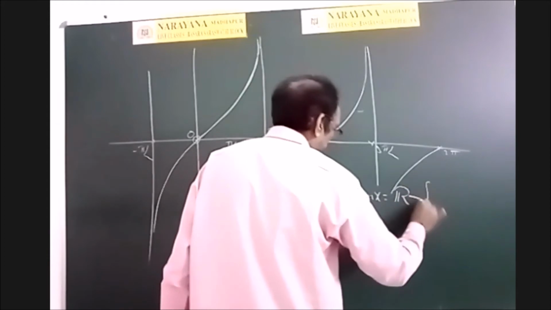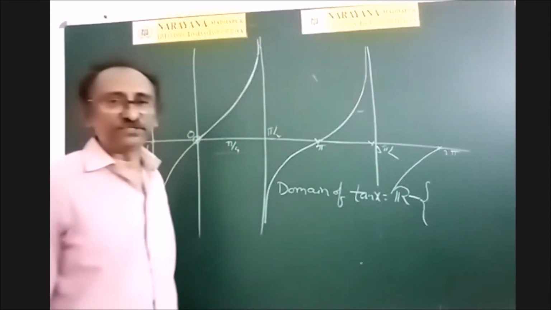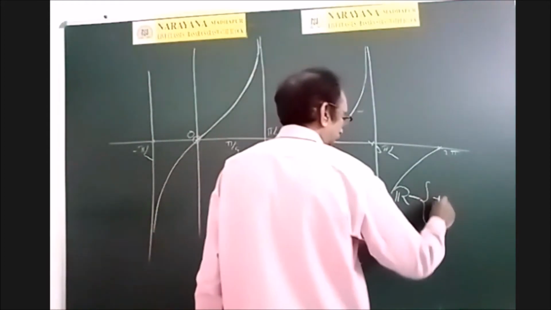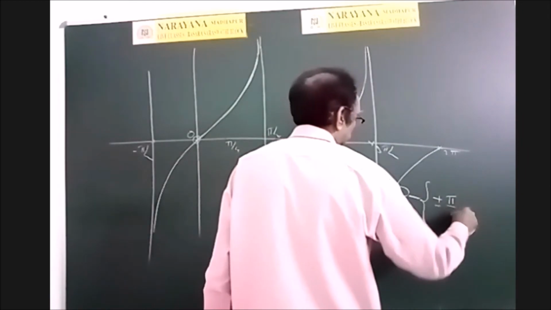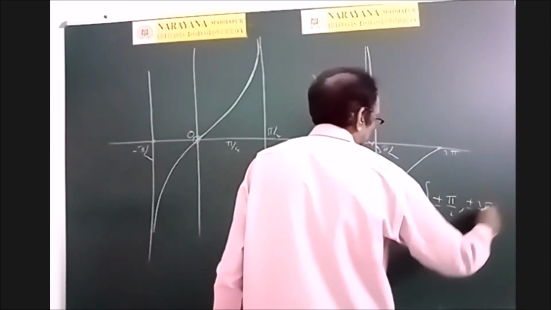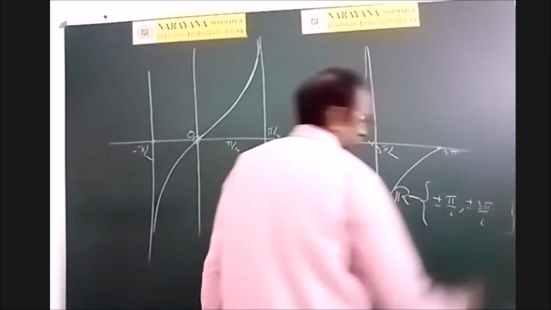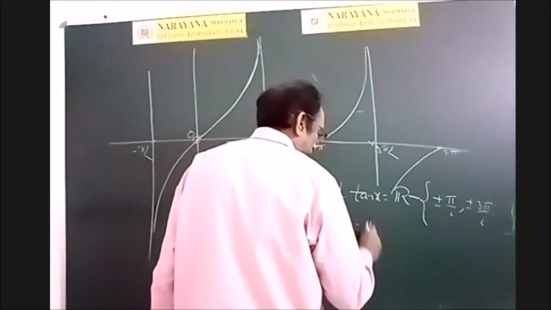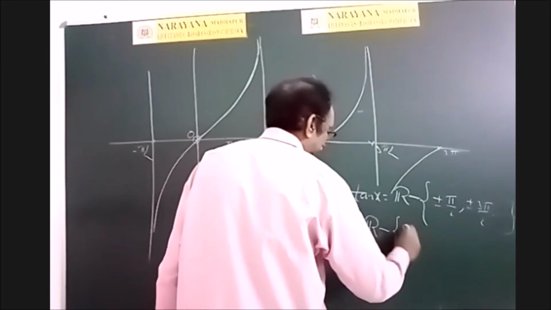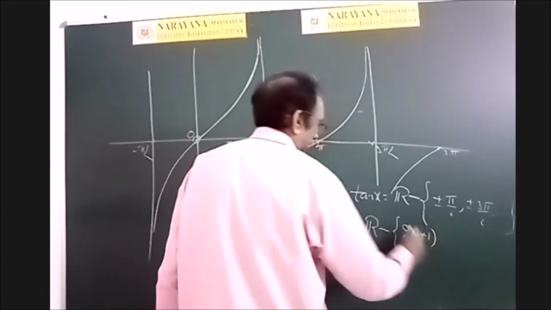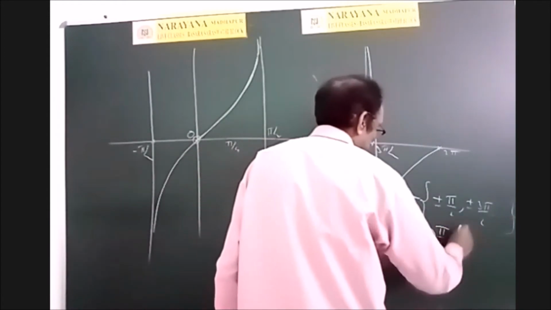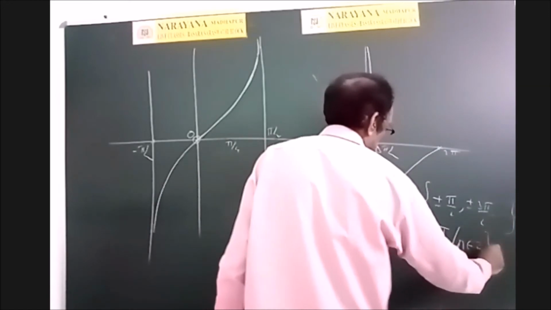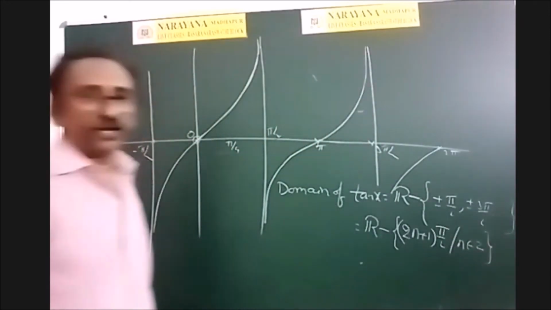You can write every real number except plus or minus pi by 2, plus or minus 3 pi by 2, plus or minus 5 pi by 2, like that. Or in general, you can write them as plus or minus odd multiples of pi by 2, such that n belongs to Z.